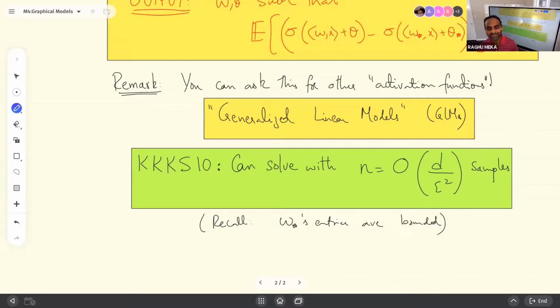So is the W star in our case any d-dimensional vector, or do we know something about it? Well, each entry is bounded. We know each entry is bounded, but that's also assumed by KKKS. What else?